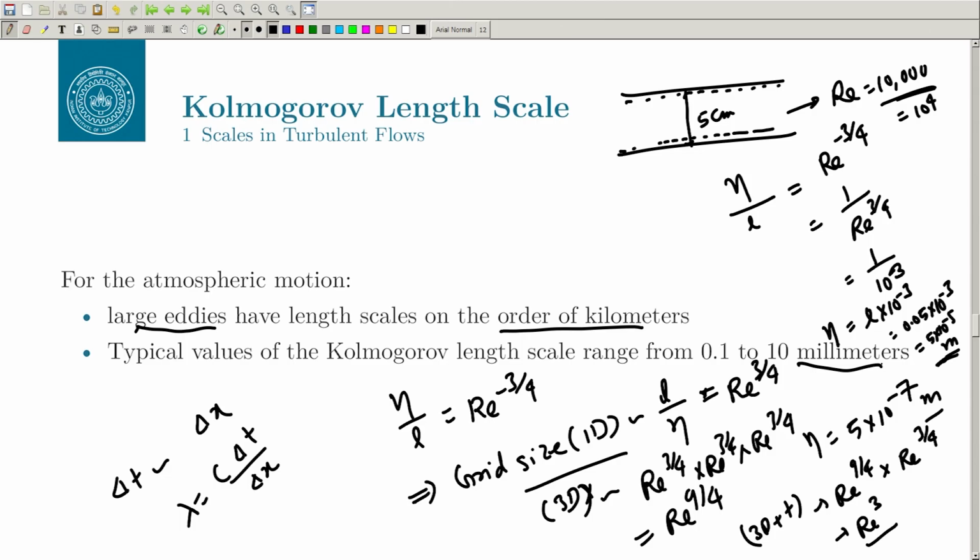If you do a very coarse DNS, not really going to the Kolmogorov scale, or at least a scale where the viscosity is acting, then the energy will start building up, and at some point your numerical solution will blow up, it will not even proceed. And if it is proceeding, that means it is getting dissipation from somewhere. Either the numerics may have a lot of dissipation, and that is why the solution is continuing.